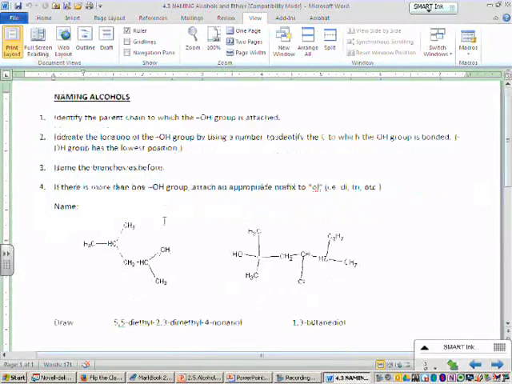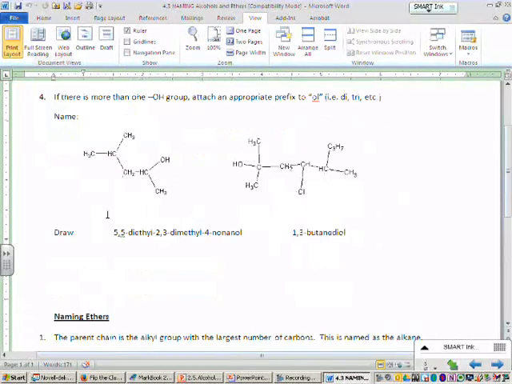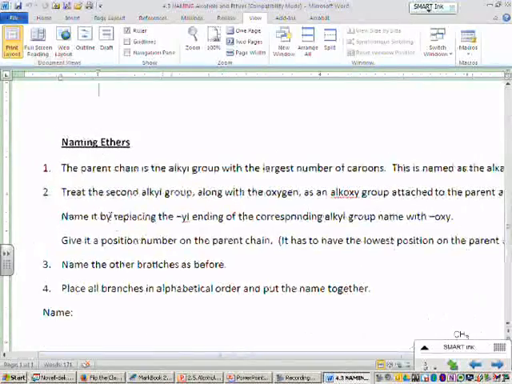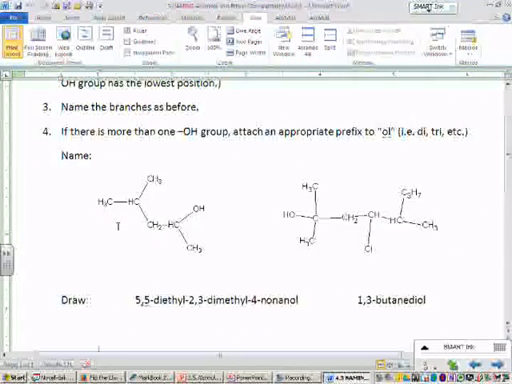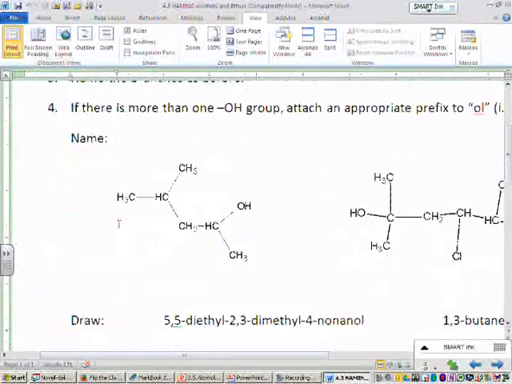Name the branches as before. If there's more than one OH group, attach an appropriate prefix to the -ol ending, so we can have diols and triols. Other than that, it's very straightforward, very similar to double bonds and triple bonds. Let's take a look at some of these.